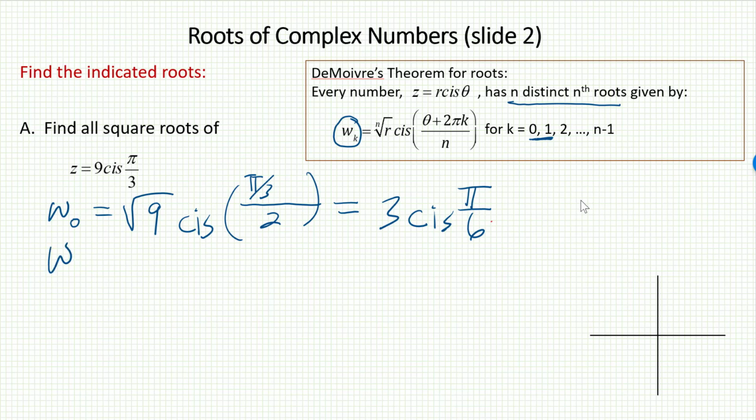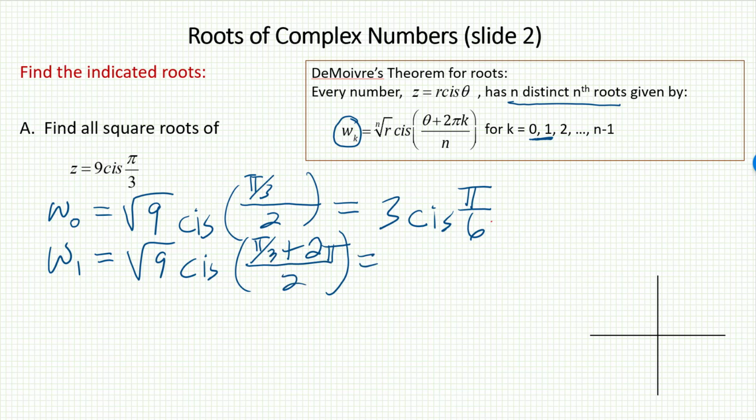The other one, which I'll call w sub 1, is found by going back to that same formula. Notice nothing changes at the front part. But in the argument part, now, in addition to the pi over 3, I add in 1 multiple of 2 pi. K is 1, and still dividing here by 2. Let's see, we need to do some scratch work here.